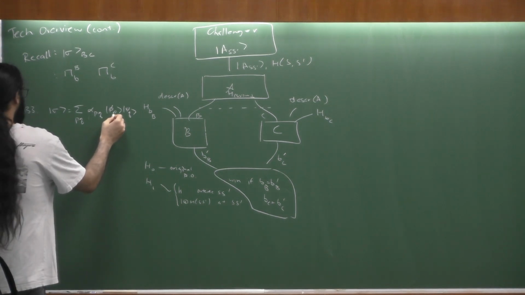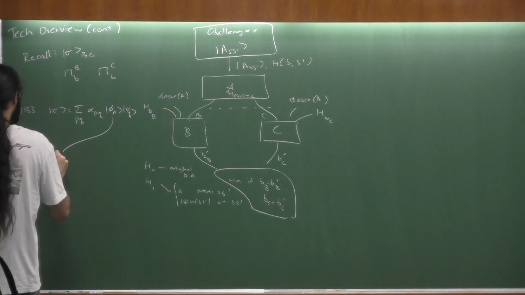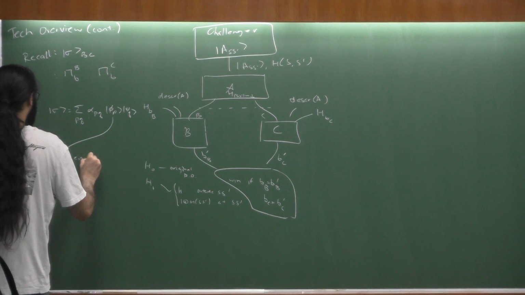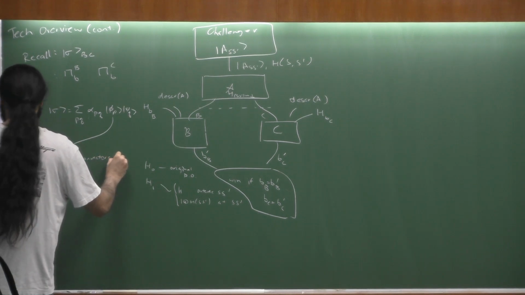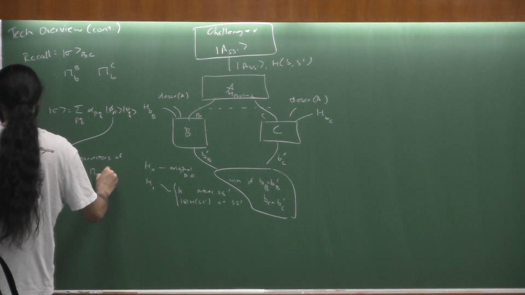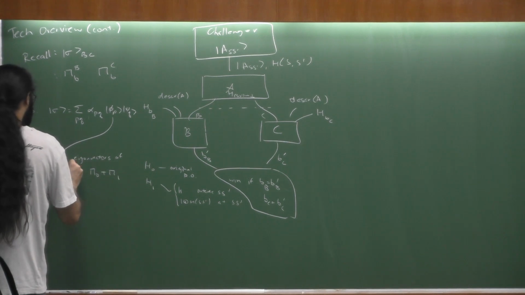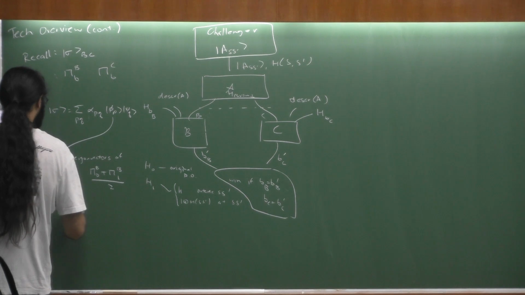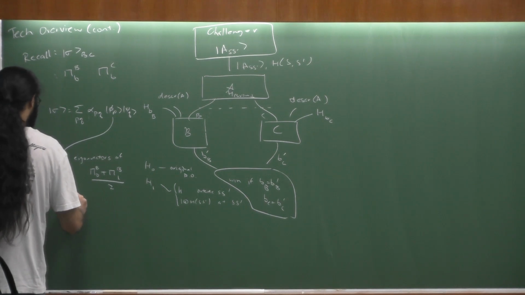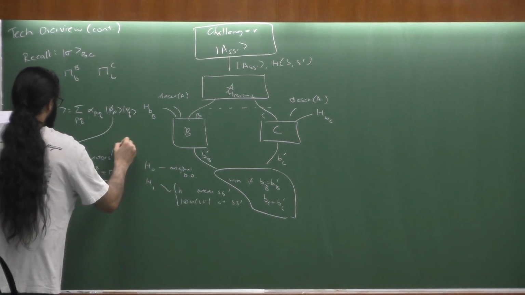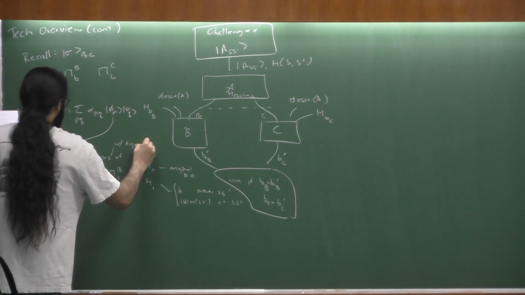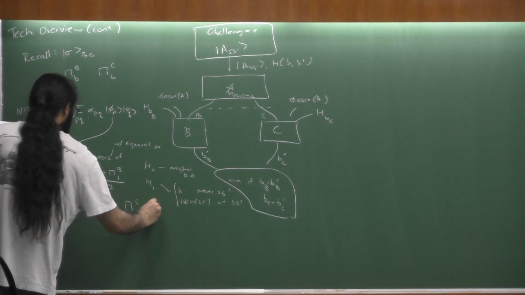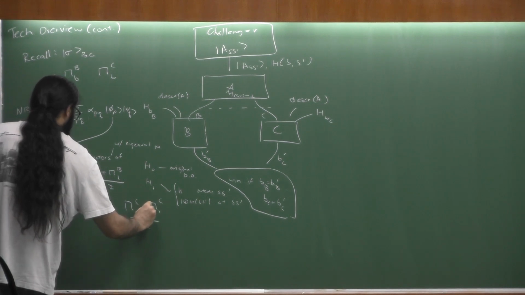So phi p are eigenvectors of pi 0 plus pi 1, pi 2, this is for b, and psi q, with eigenvalue, and they are the same thing, but for pi c0 plus pi c1 pi 2.